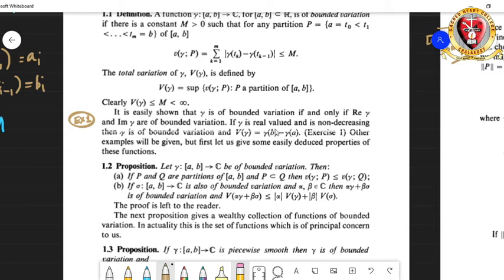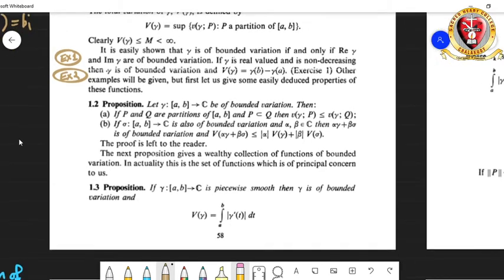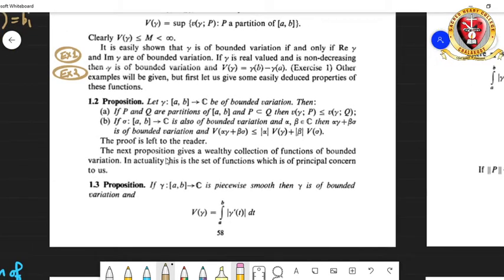And also, if gamma is real valued and non-decreasing, then gamma is of bounded variation, and V of gamma is equal to gamma of b minus gamma of a. That is also left as a workout for you. Both are very simple to do. And the next one is also just logical steps, so you can work out these two.